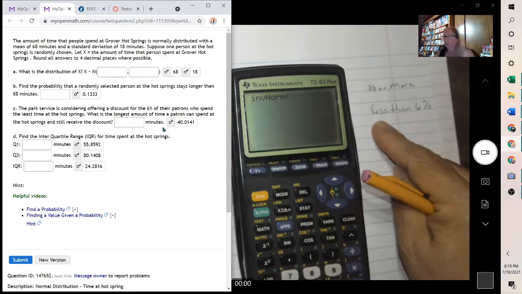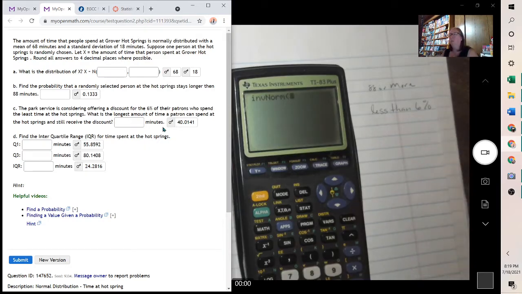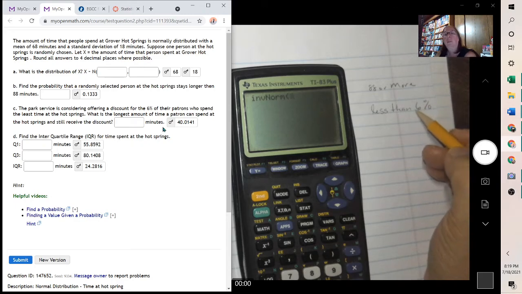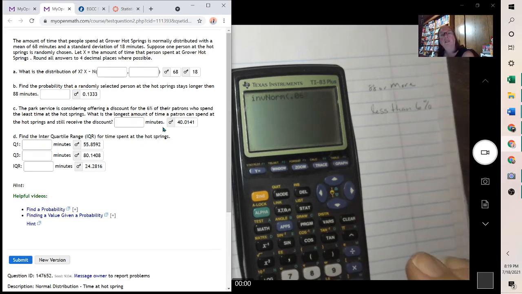For inverse norm, we put the percent below. So that would be 6%. If we wanted above, then we'd have to use 94%. So we want less than 6%, we use 0.06, make it a percent, the decimal, and comma, your mean, 68, and the standard deviation, which was 18.